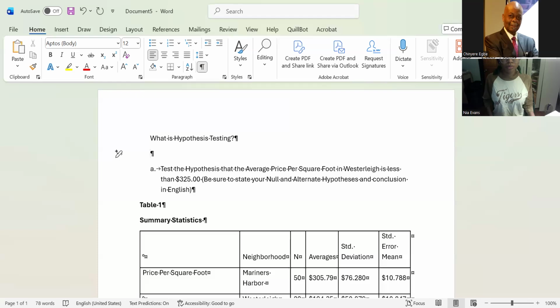That's your hypothesis. You make a statement and a claim that a certain variable has a certain characteristic. Actually, it's about the population. You make a claim and a statement that a certain population has a certain characteristic.